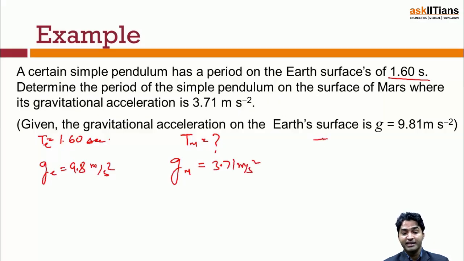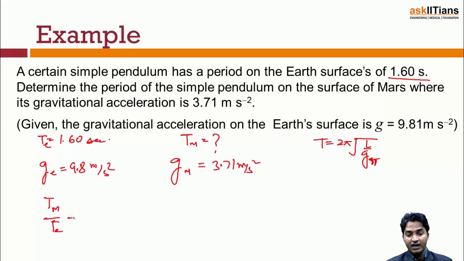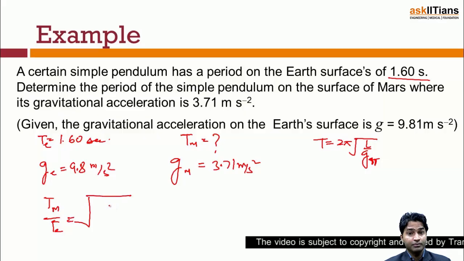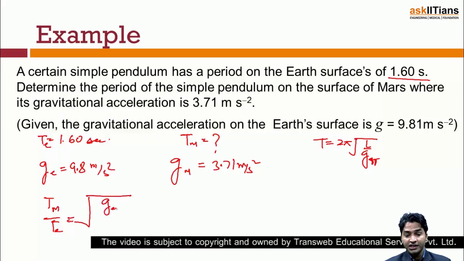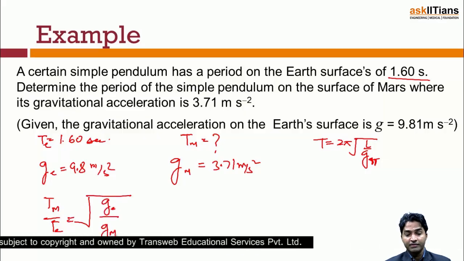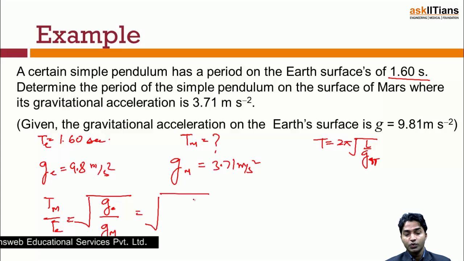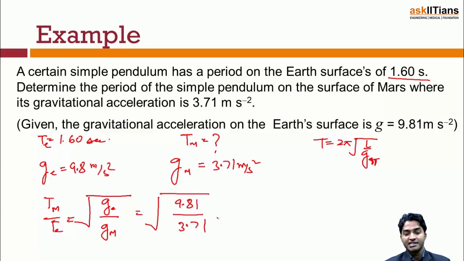We know that in case of a simple pendulum, T equal to 2 pi under root L upon g effective. So T on Mars upon T on Earth is equal to under root of g effective on Earth upon g effective on Mars, since they are inversely proportional, that is, under root of 9.81 upon 3.71.